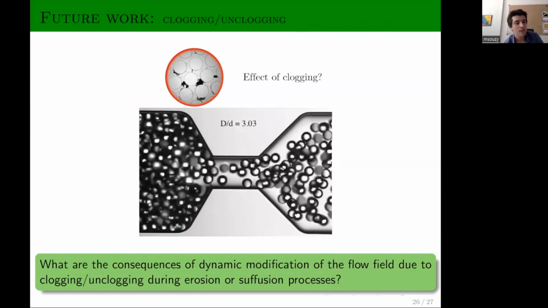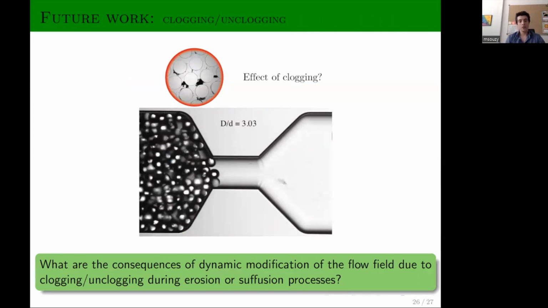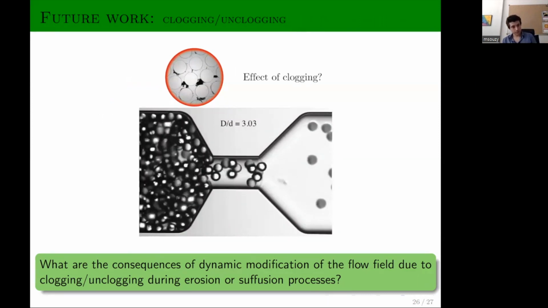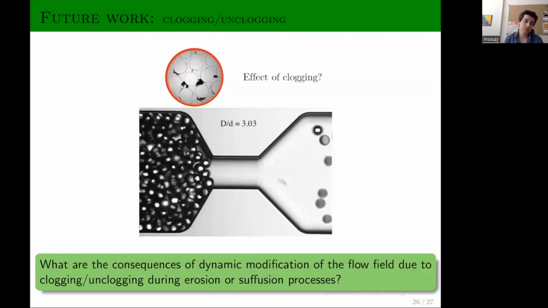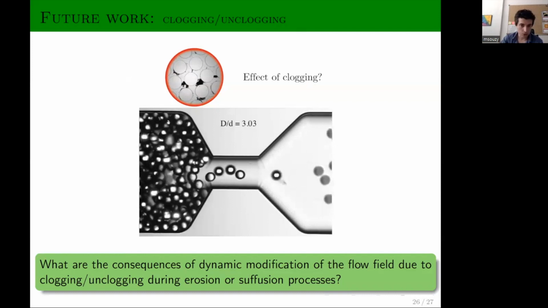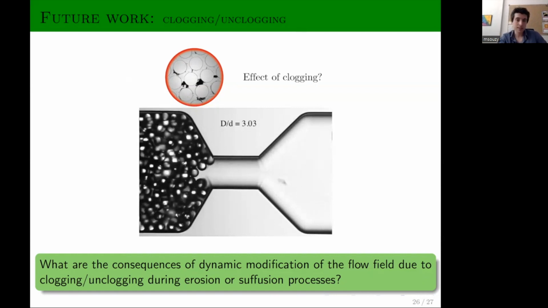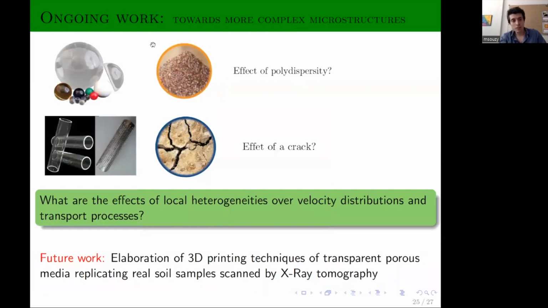These will bring some dynamic modification to the flow field. So how would these affect the overall transport processes? This is particularly relevant considering that during erosion or suffusion processes, you can have such mechanisms at play.